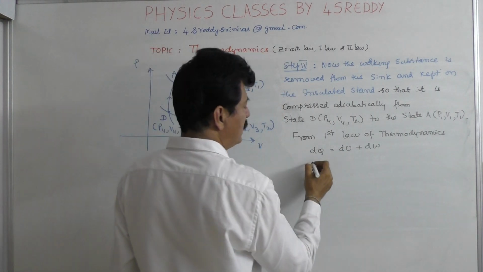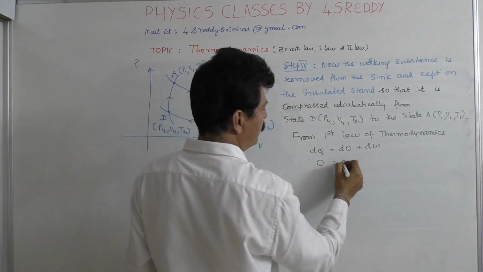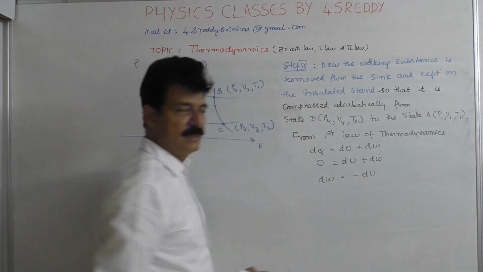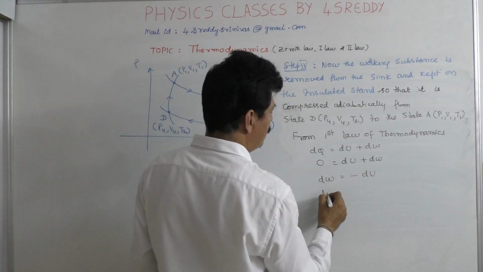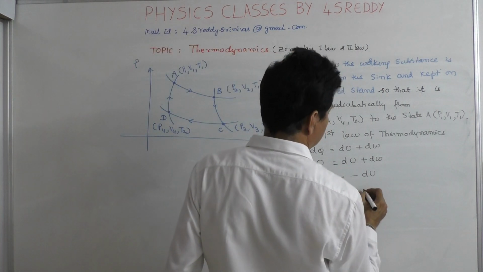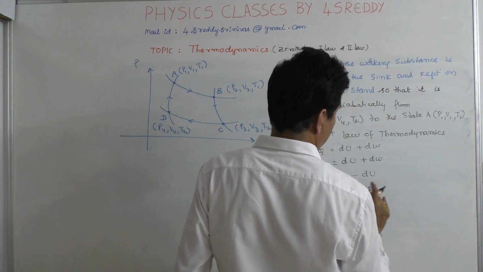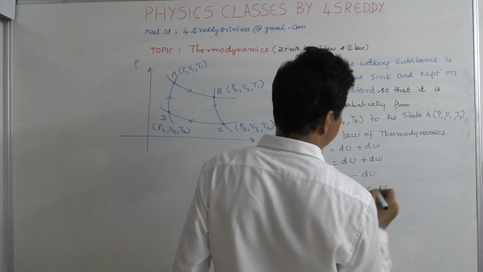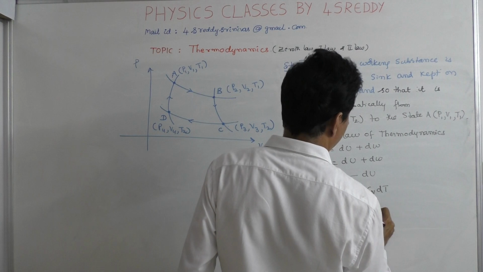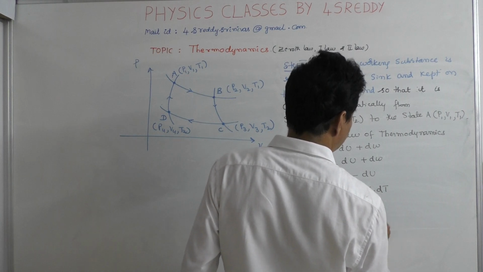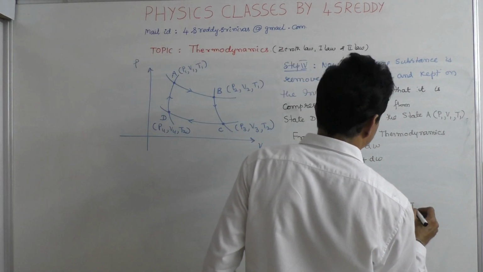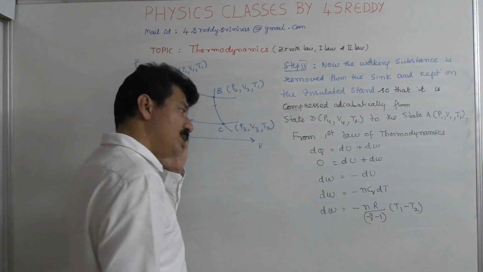Here dQ is 0, so dW is equal to minus dU, or dW is equal to minus nCv dT, that is minus nR by gamma minus 1 into T1 minus T2, final temperature minus initial temperature.